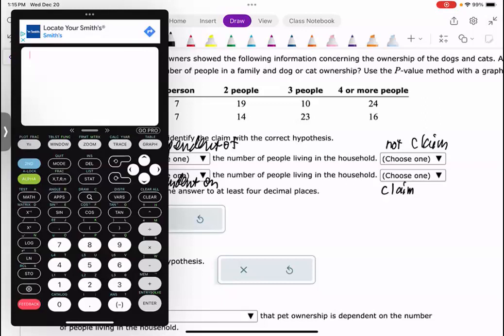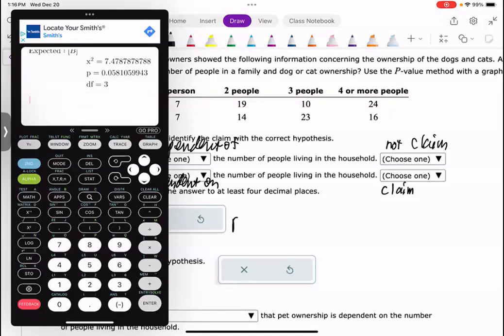Quit out of that, and we're going to run a stat chi-squared test. So again, I put that into matrix A. It's going to calculate my expected value into matrix B. Let's see what we get.